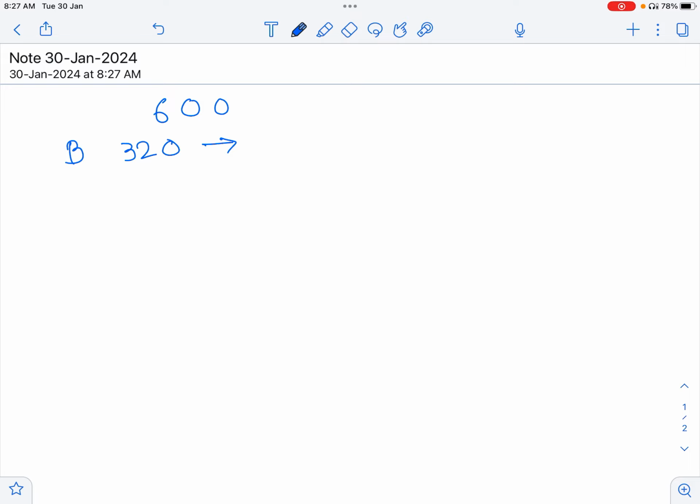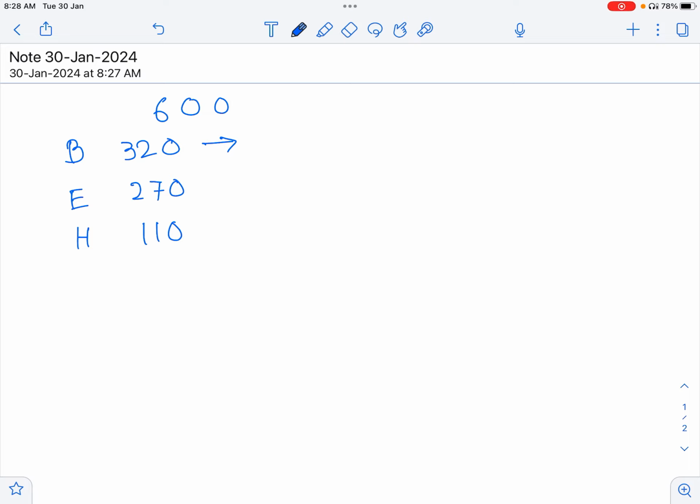So for Bengali we use B, and English just E. The students who learn English, their number is 270, and the students who learn Hindi, their number is 110.